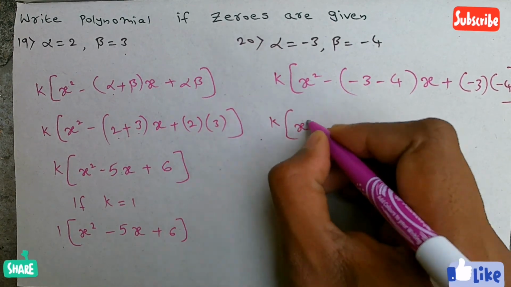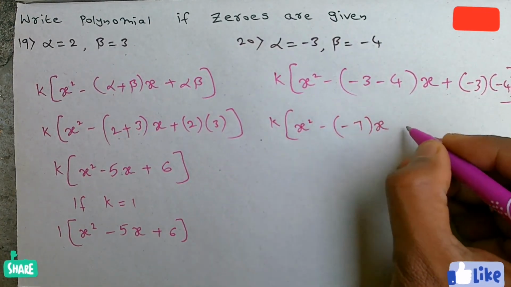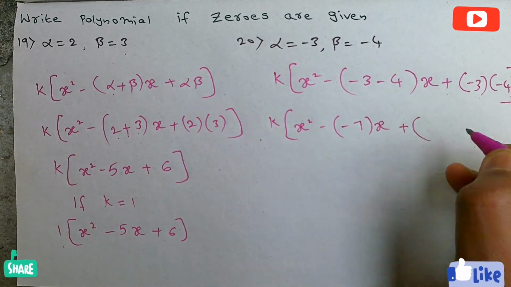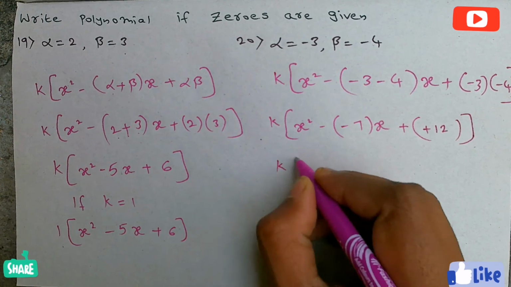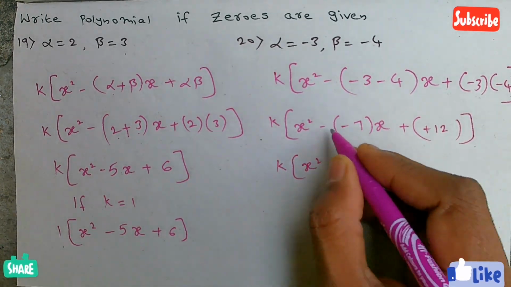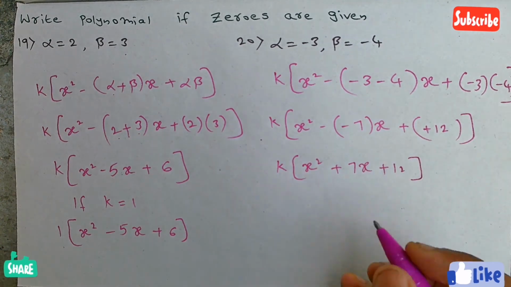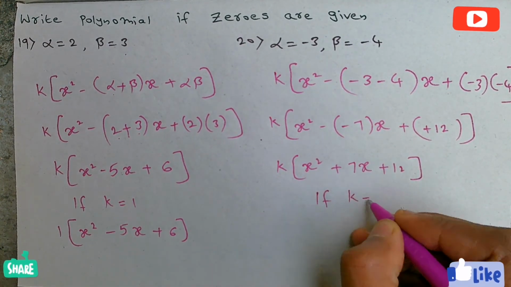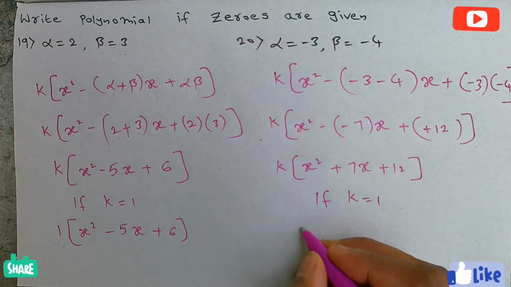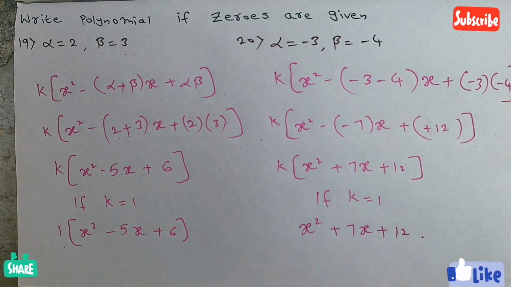K into x square minus minus 3 minus 4, minus 7x plus minus 3 into minus 4, plus 12. K into x square, minus into minus plus, 7x plus 12. So here also again denominator is not there, so take the k value as 1. If k is equals to 1, 1 into anything, the same number, x square plus 7x plus 12.